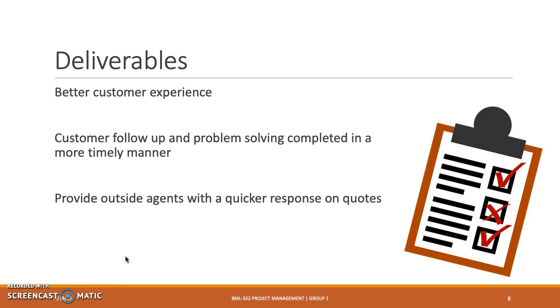We would also have customer follow-up and problem solving completed in a more timely manner. Again, then providing a higher satisfaction for our agents and quicker responses to them, so we can keep those relationships strong and hopefully look to build more relationships in the future.